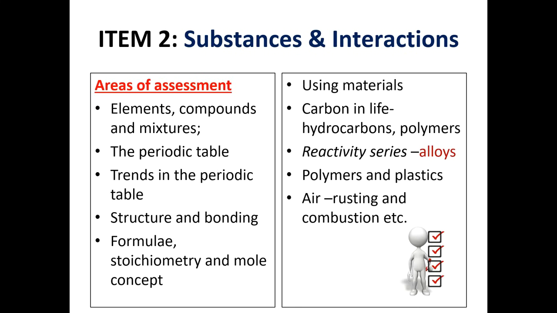And one thing I want to remind us, when we are in item number 2, we have to make sure that we look at these things. Let's look at the first topic, elements, compounds, and mixtures. If you recall very well, all this topic is covered in Senior 1. Now, when you're reading this topic, don't forget that in this item number 2, we need to know the different categories.